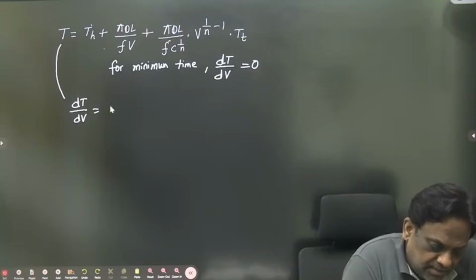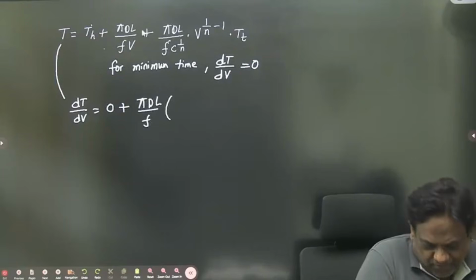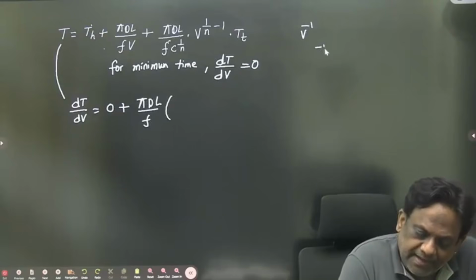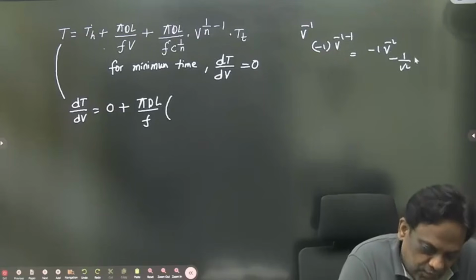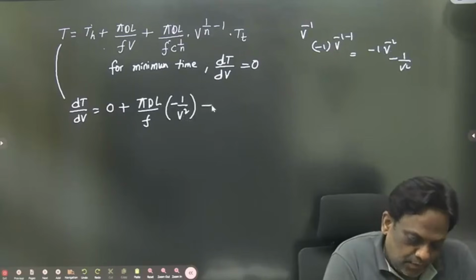there is no velocity, 0, pi dl by f, 1 by v, देखो 1 by v, all you have to differentiate v, 1 by v is v power minus 1, n into x power n minus 1, so this will be minus 1 v power minus 2, minus 1 by v square, so इसका differentiation होगा minus 1 by v square. Is it clear? Beautiful sir.